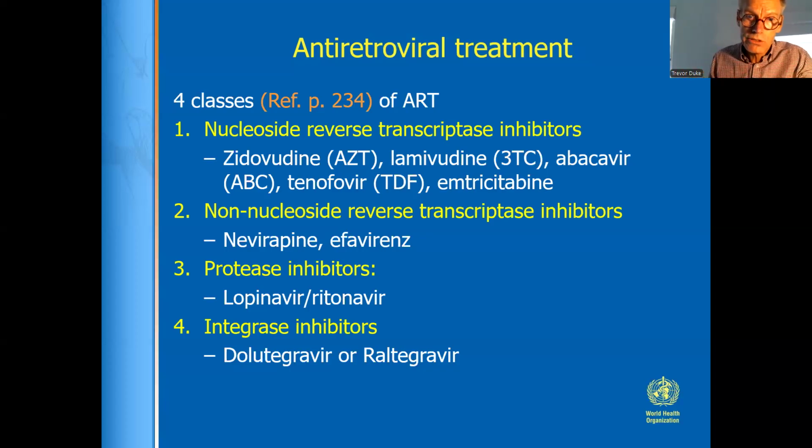The four classes of drugs are nucleoside reverse transcriptase inhibitors, non-nucleoside reverse transcriptase inhibitors, protease inhibitors, which became available in about 2010, and then integrase inhibitors, which really started to become more available in 2015, 16, and now are standard of treatment.